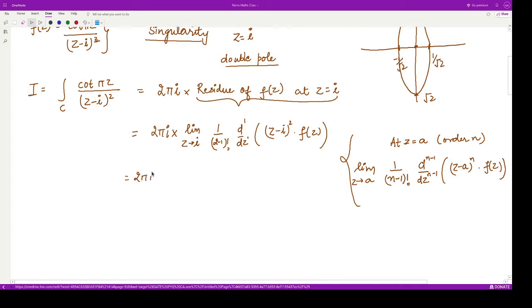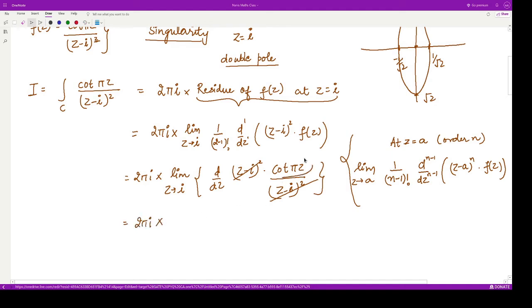Let us solve this quickly. We would have 2 pi iota and then the limit z goes to iota of the first derivative of (z minus iota) square times f(z), where f(z) is cot pi z divided by (z minus iota) whole square. So these two quantities cancel, and we have to take the derivative of cot pi z.